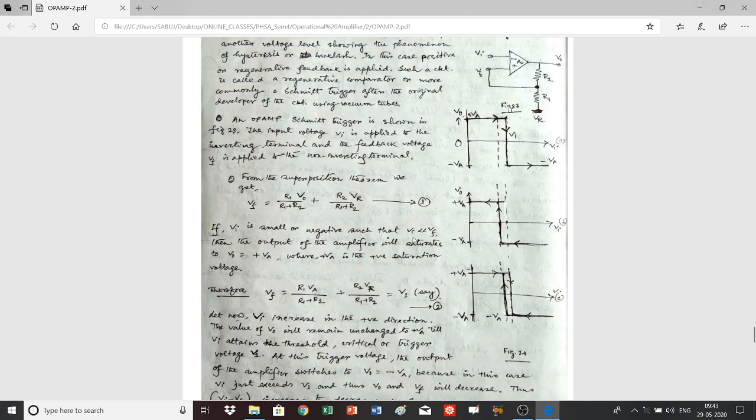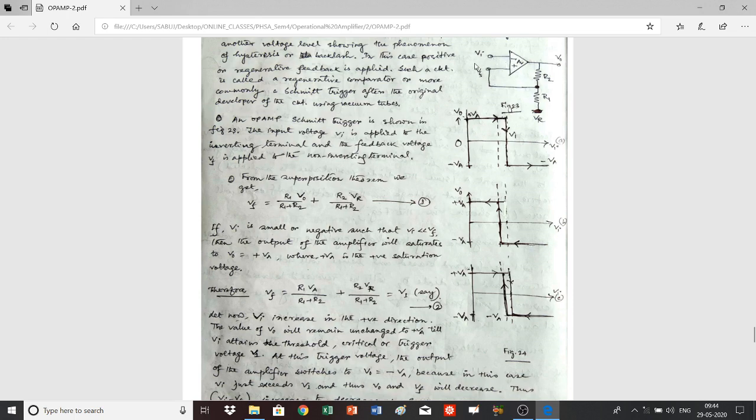Now, if you further increase Vi, the output voltage will remain unchanged at VA, and when Vi equals Vf, that means in this case V1, then these two voltages will be equal, and that is why the difference voltage will be 0.